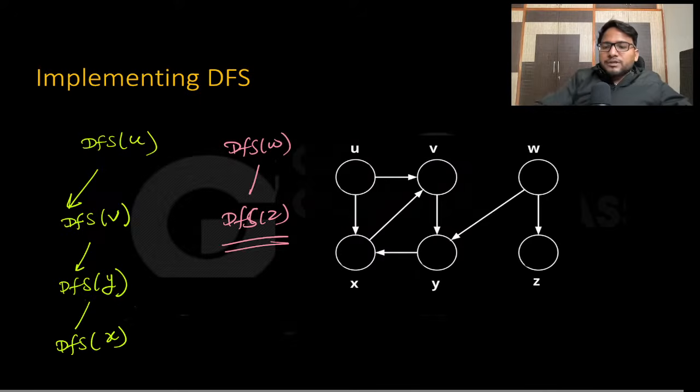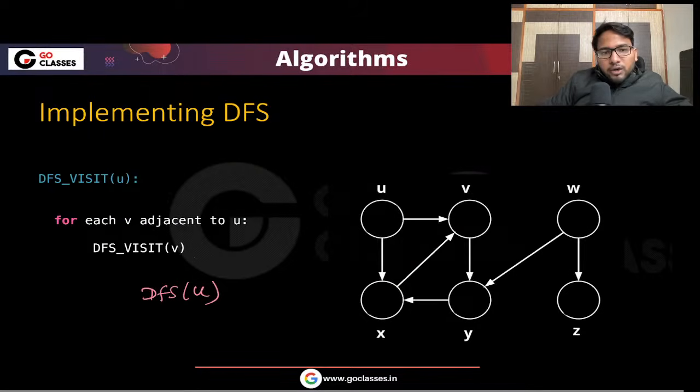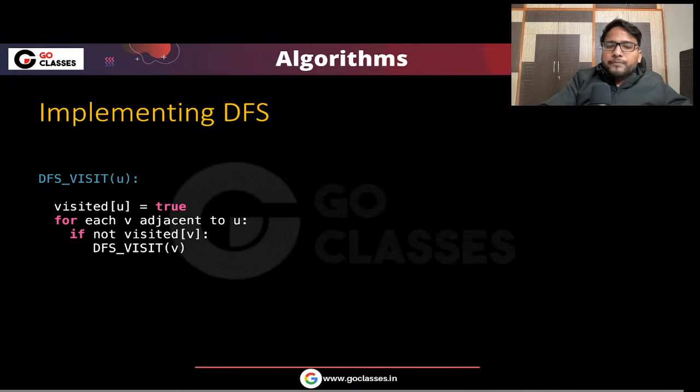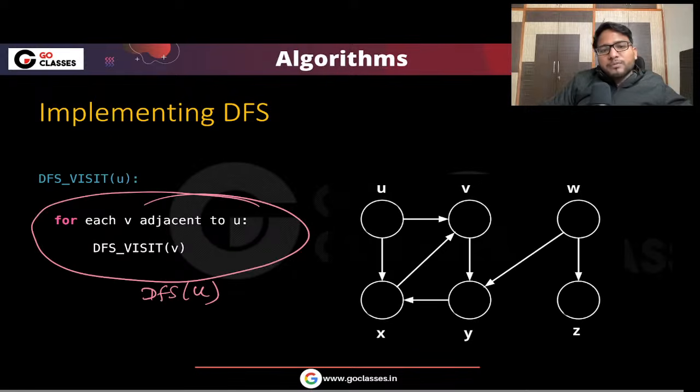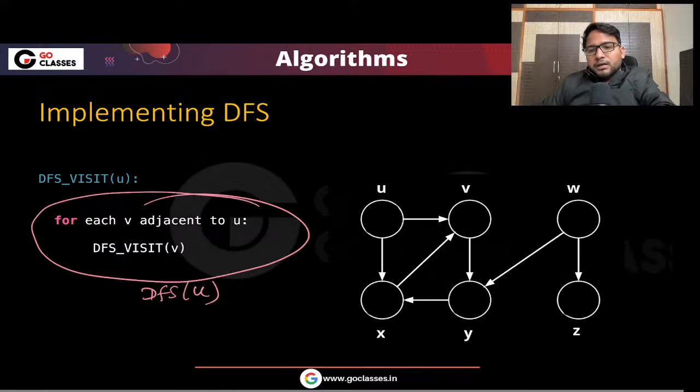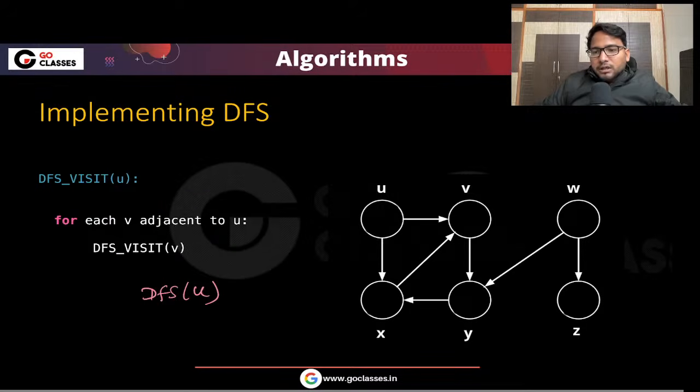So you will go to the adjacent of this, but only when it is not visited, right? So that's why I need to maintain one array which is visited. See what I'm saying, if you write only like this, then what is the problem with this?